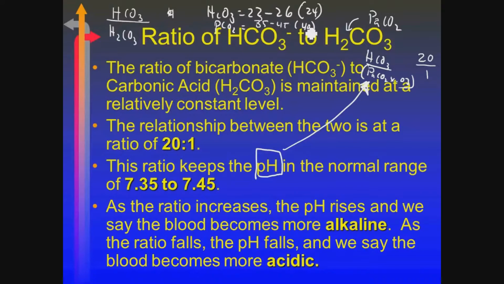Whenever that ratio becomes greater than 20 to 1, I'm going to say that the blood or the condition is alkaline. Whenever that ratio is less than 20 to 1, I'm going to say it's acidic.